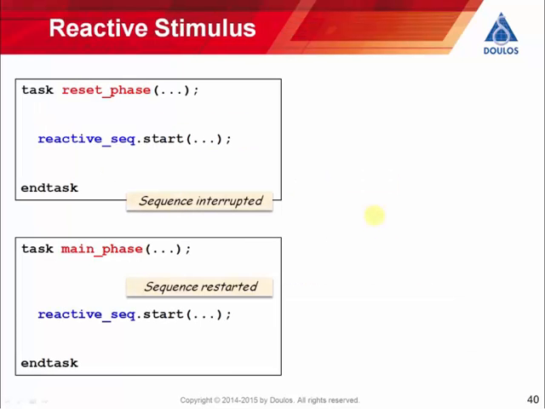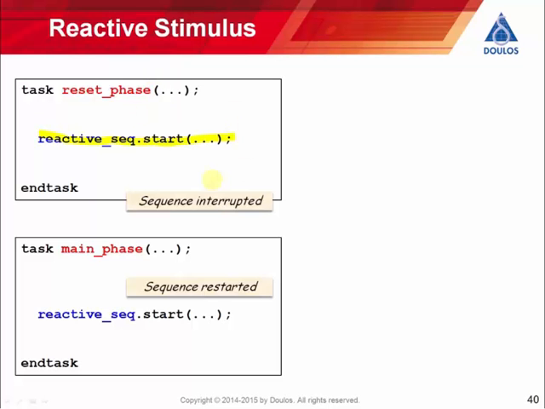So some sequences are naturally associated with a particular phase in the generation of stimulus. So for example, you might have a sequence to do a reset or a sequence to perform the main action of a test. Other sequences are reactive. So if we want to describe some reactive stimulus, what we could do is to choose to start our reactive sequence in the reset phase, for example.